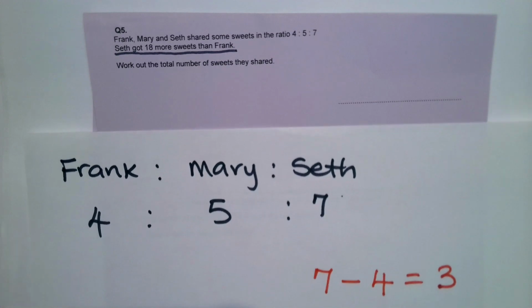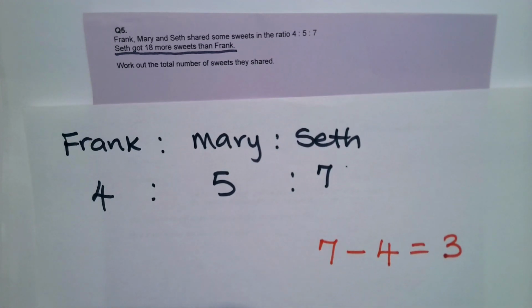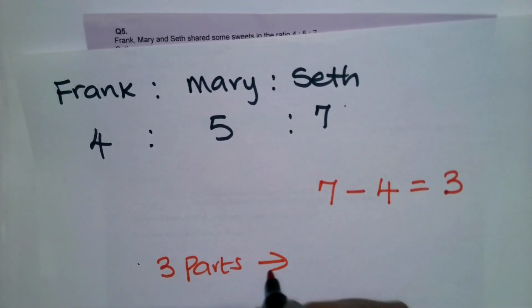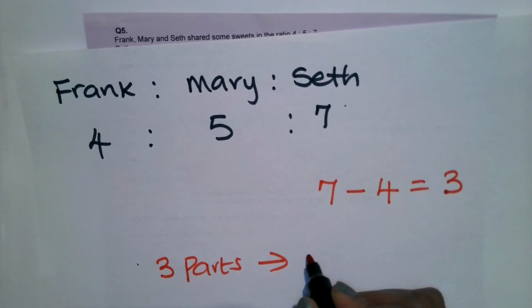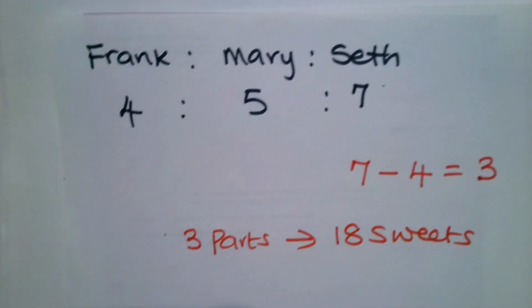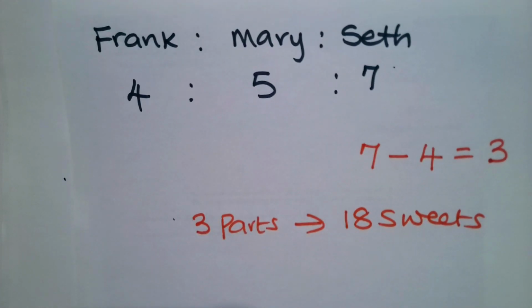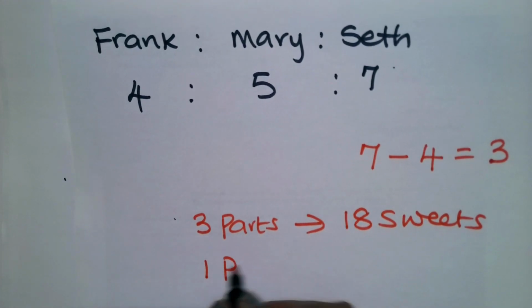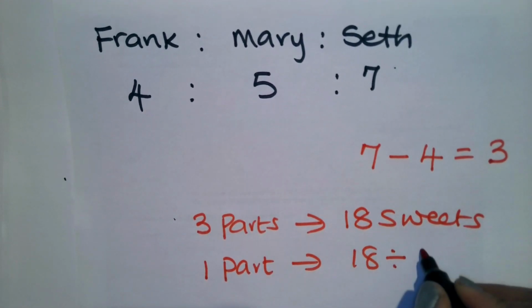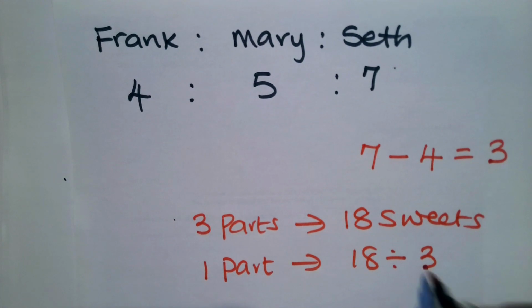So what we do now is, knowing that 3 parts is equivalent to 18 sweets, one part will be 18 divided by 3, which will give us 6.